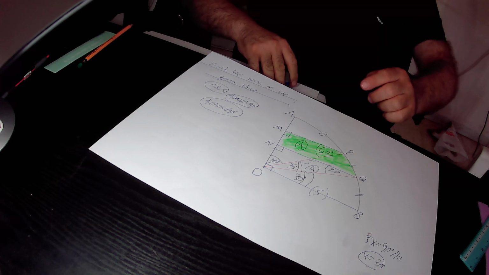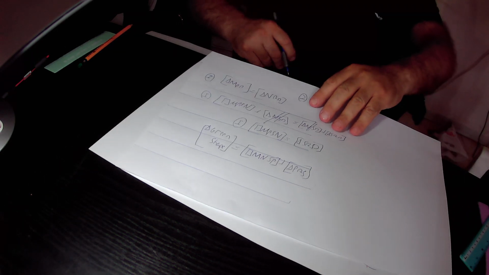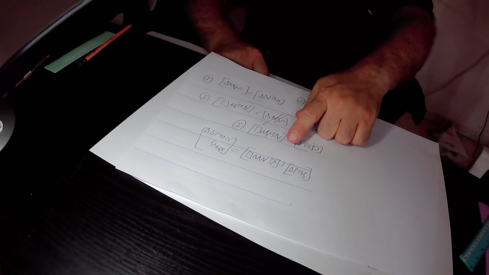In total, the area of the green shape equals the area of quadrilateral MNSP plus the area of the green triangle PQS.